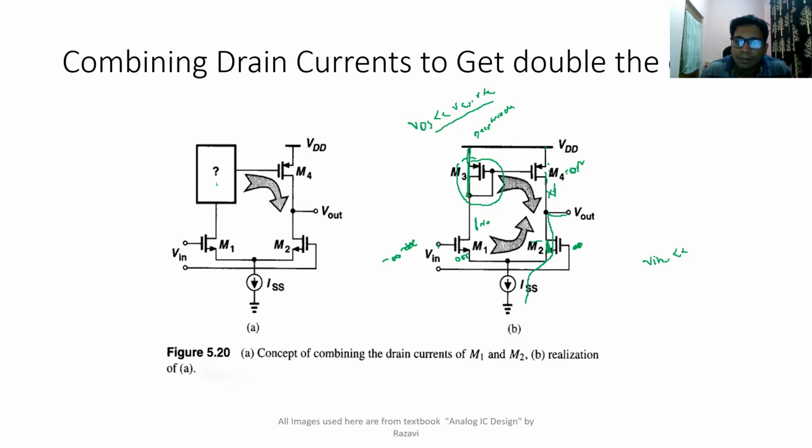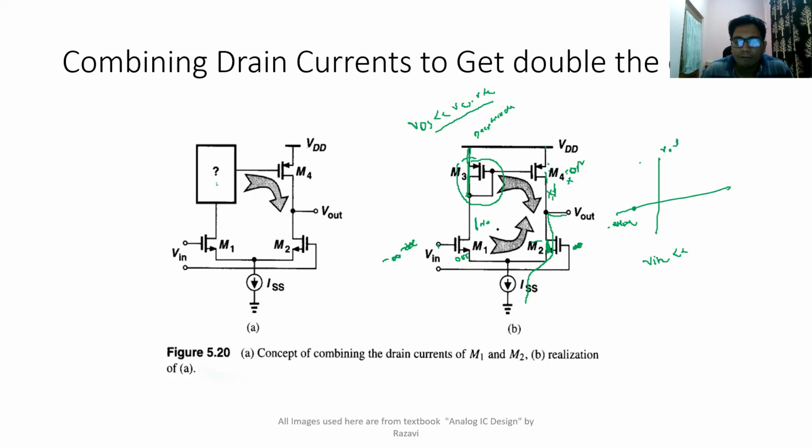So this is not connected to VDD because no current flows. Whereas here you have high current flow connecting V out to ground. So in other words, when your V in is negative, V out will be equal to 0 volts.